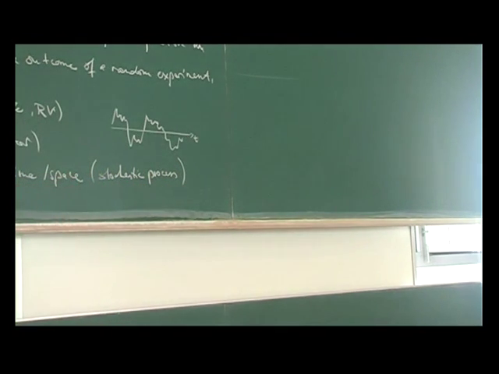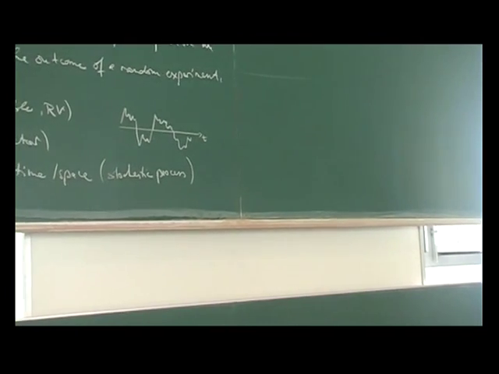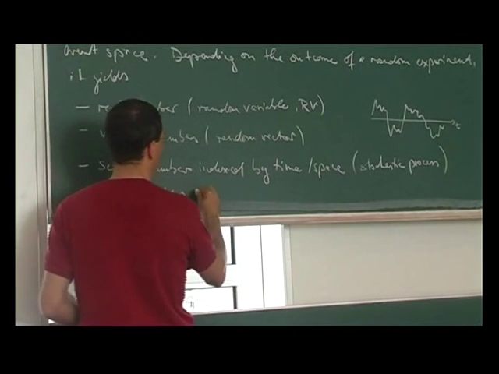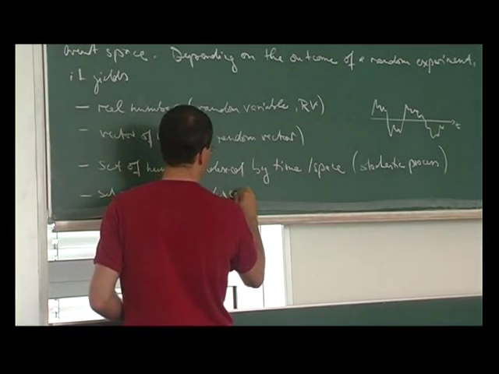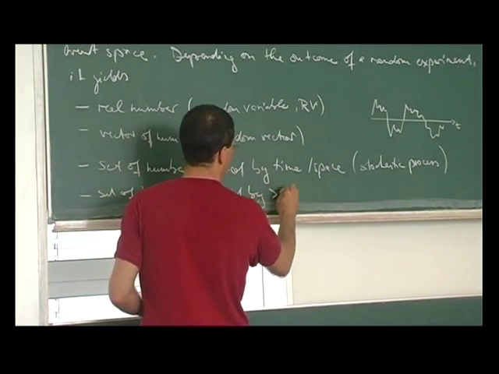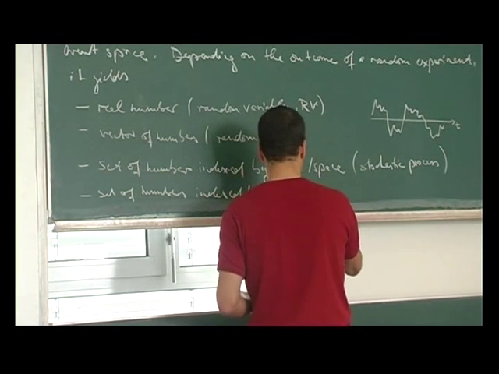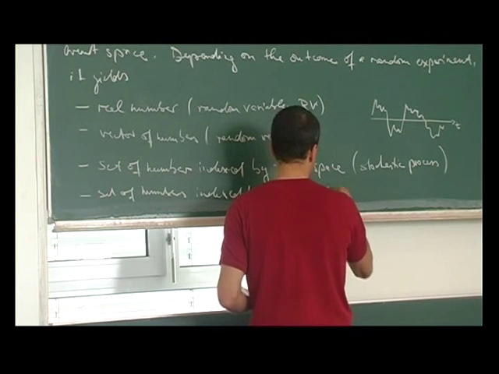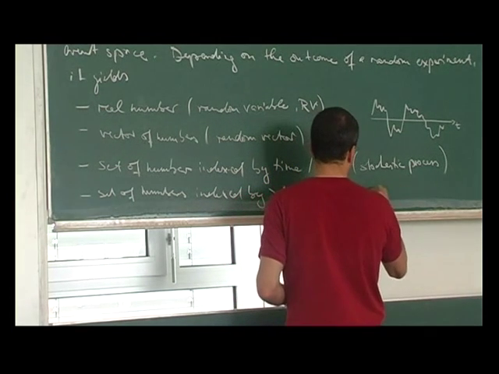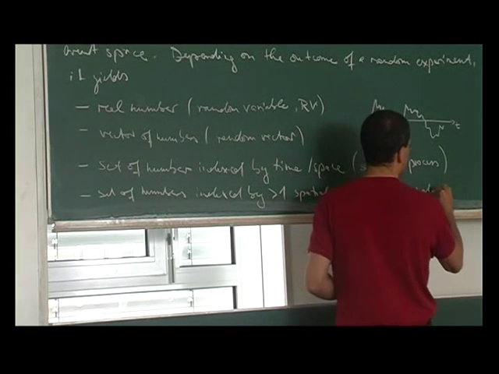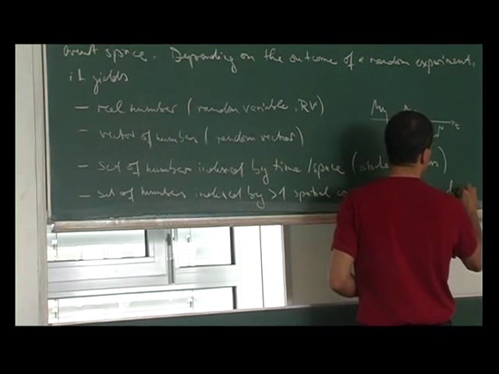Or it could be a set of numbers indexed by more than one spatial coordinate, in which case we talk about a random field.